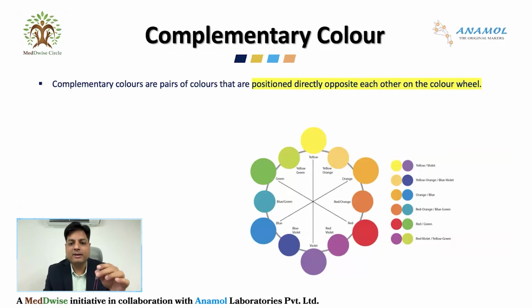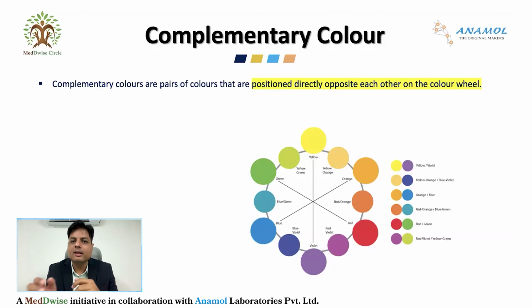So we have to pass exactly the opposite color, which means yellow color, through this solution. Which means that if this solution is kept in the path of yellow colored light, then it will absorb the maximum light. This concept is called complementary color.